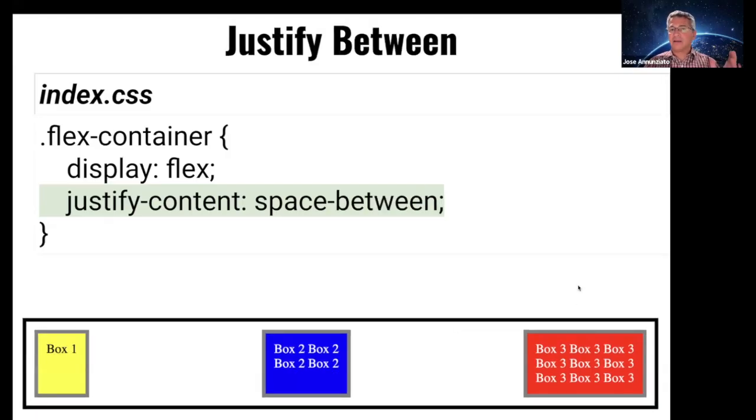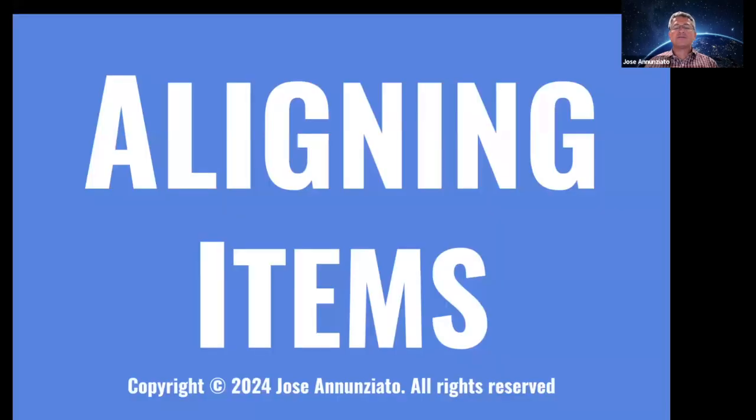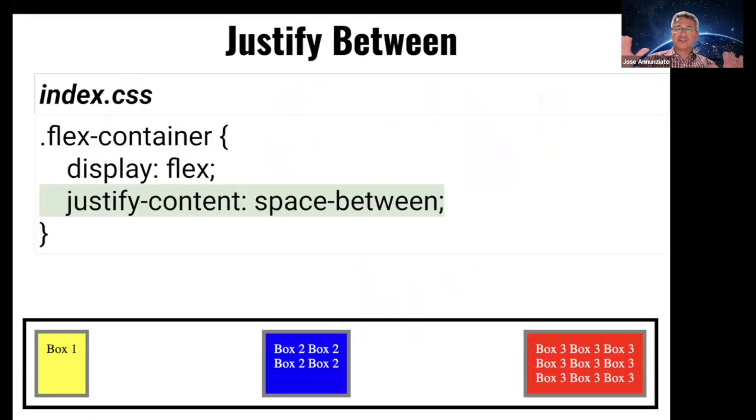Or you can say space in between, where all the extra space is divided equally in between the elements, pushing the ends to their extremes. So that's horizontal justification.